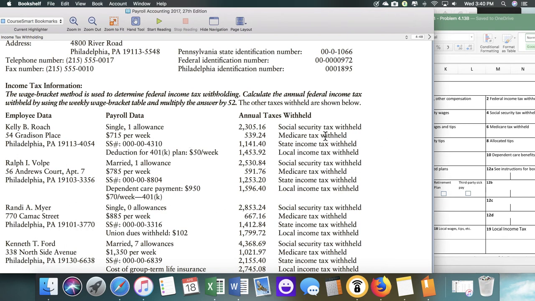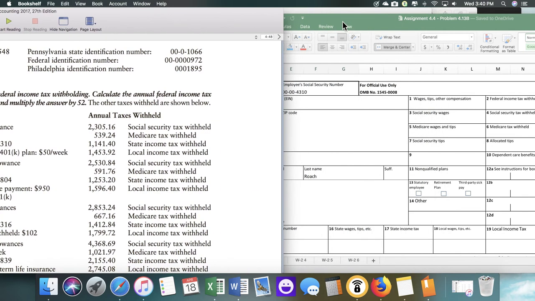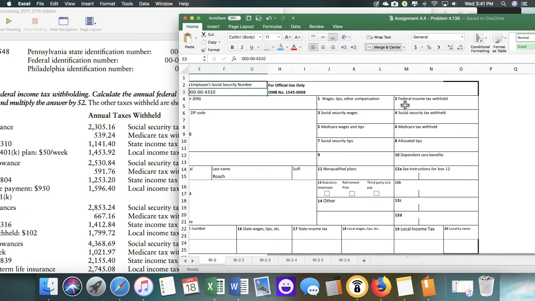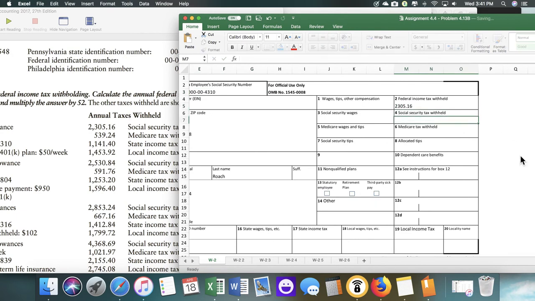Let's go Social Security tax. So federal income tax withheld would be Social Security tax, so it's $2305.16. Oops, sorry, federal income tax, we haven't calculated that yet. Social Security tax is $2305.16. Medicare is $539.24.